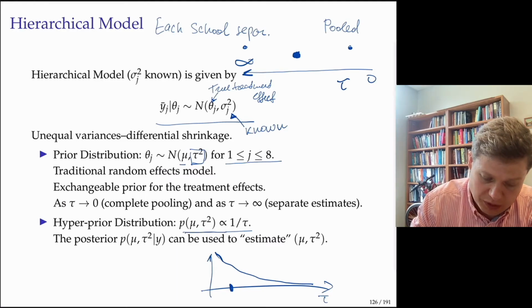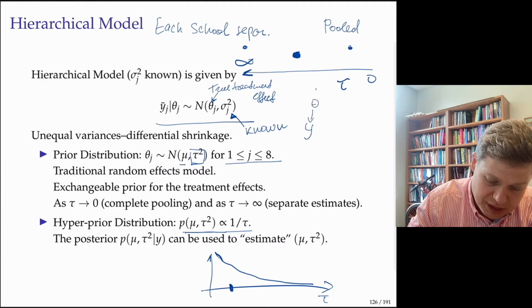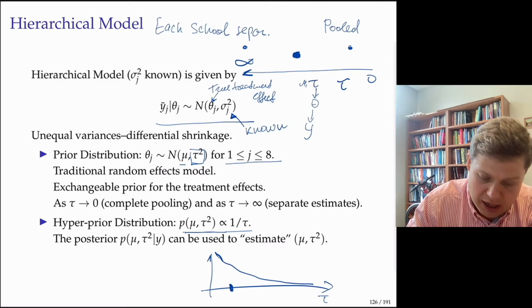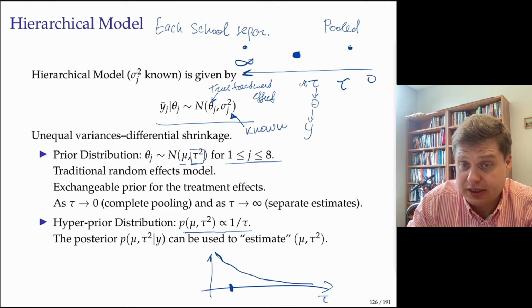So essentially what we have here is data y, and then data y depends on the parameter theta, and your parameter theta depends on two parameters, mu and tau. And then tau itself is random.